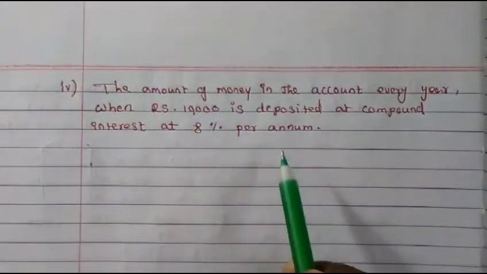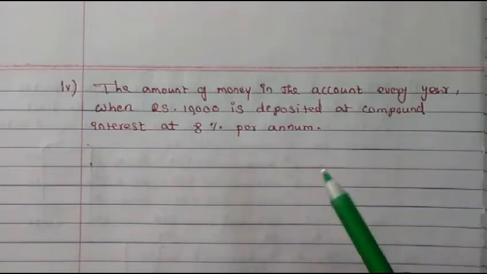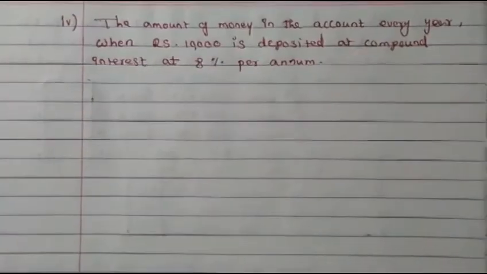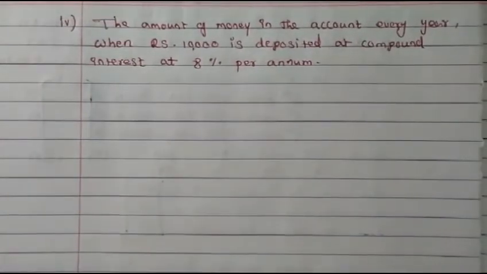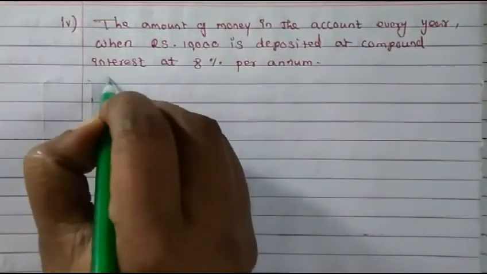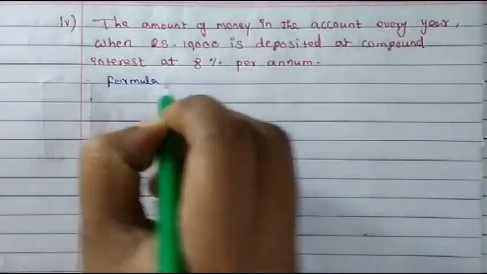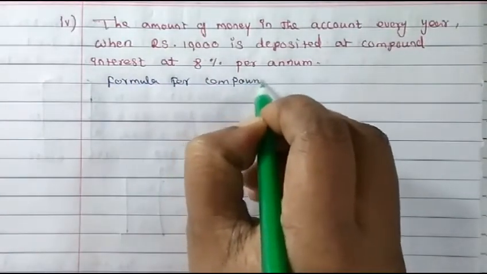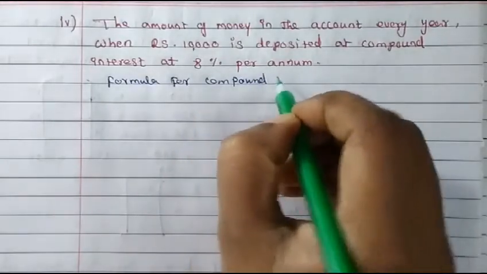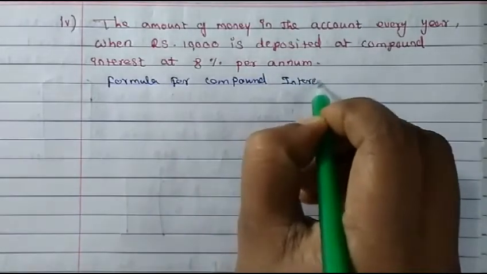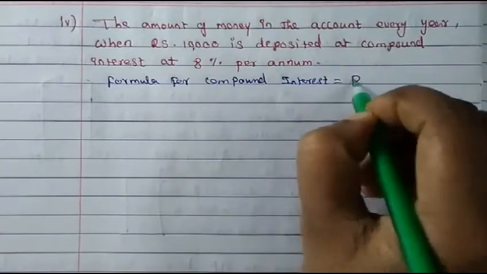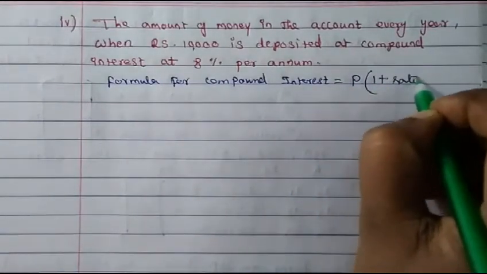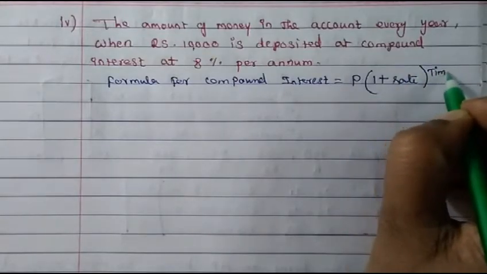So every year, let us see how much interest there is and how much money we are getting. So we know the compound interest formula, which you have studied in your lower classes. The amount is the principal, times 1 plus the rate, raised to the time.